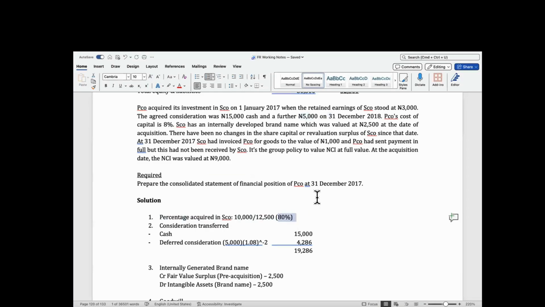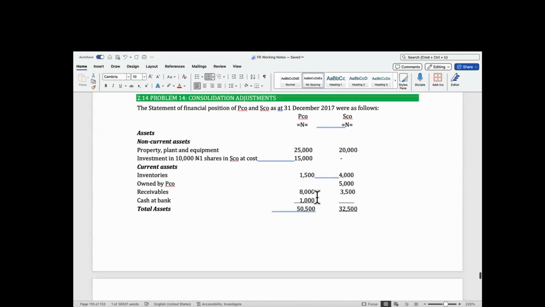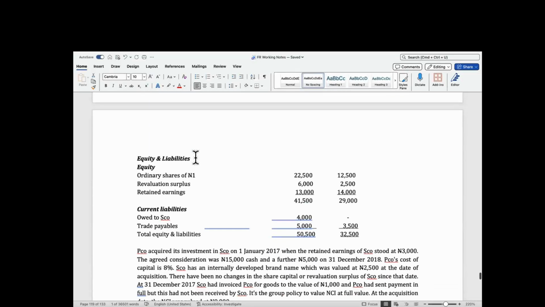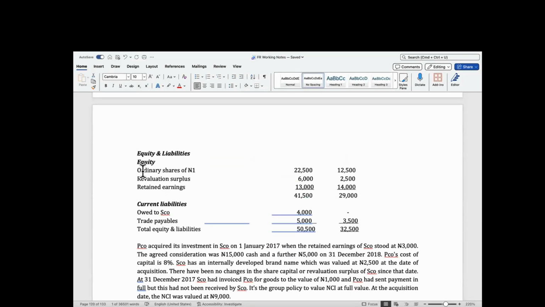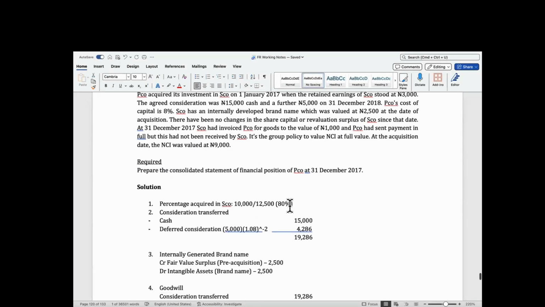That is 80% holding. How do I know? 12,500 divided by 1 naira is 12,500 shares. So that's 80%. That means NCI will have 20%.